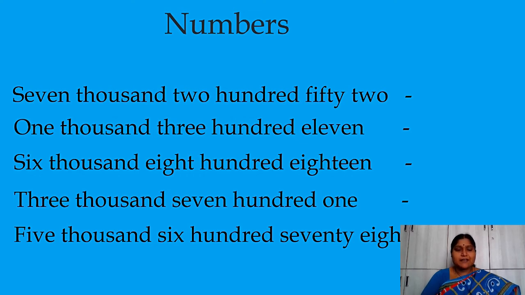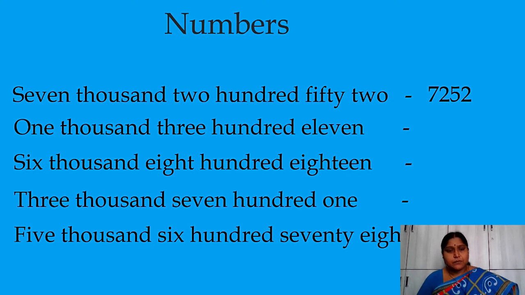Then you should write 7 in thousands place, 2 in hundreds place, 52, 5 in tens place, 2 in ones place. Okay, then the number is 7252.